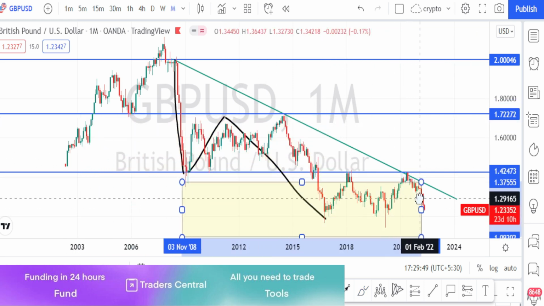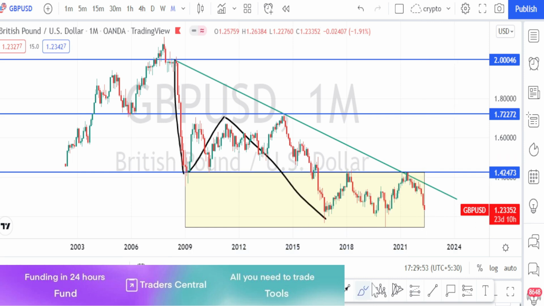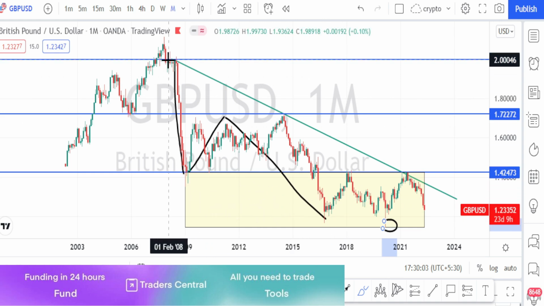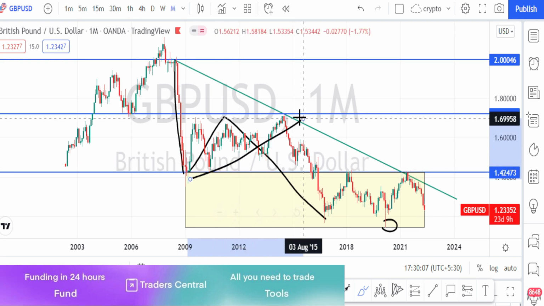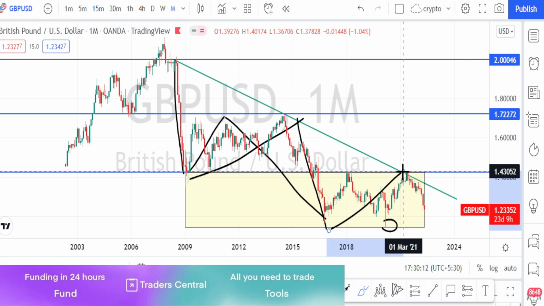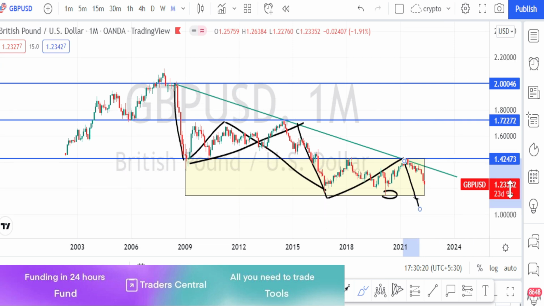When I try to measure the next level of the fall, you can clearly notice that here the spike or the shadow is touching the support level of this rectangle pattern. So it is on a downtrend and it always retraces 50%, then falls 100%, again retraces 50%. So now we can understand that there is a chance for it to fall 100%.